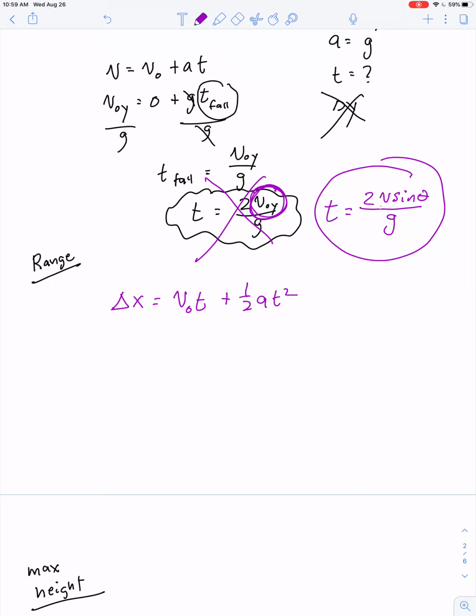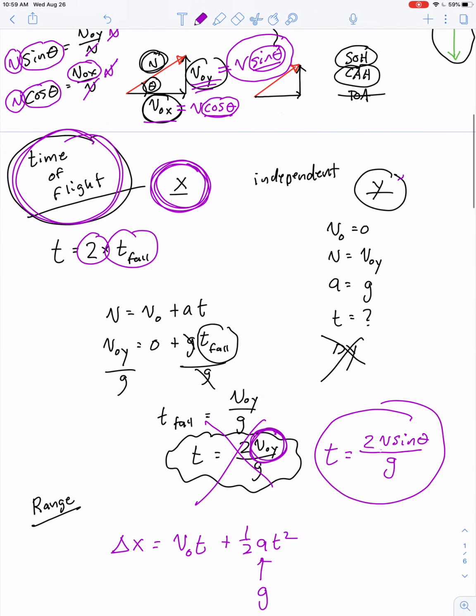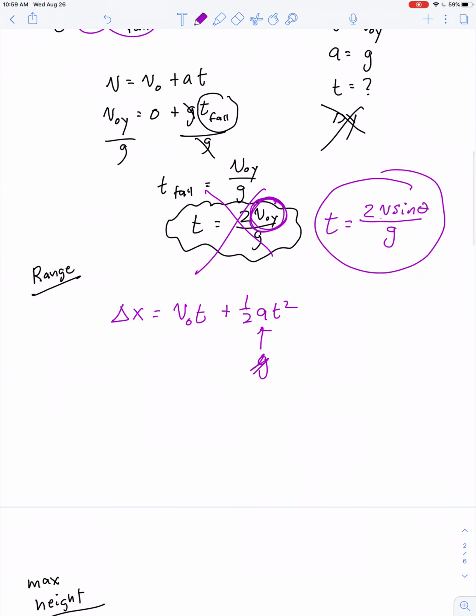All right, it would be a mistake to replace that a with g because there's only an acceleration of gravity along the y-axis, but we're treating horizontal motion as independent from vertical motion. So in fact, this a is a subscript x, which is 0.